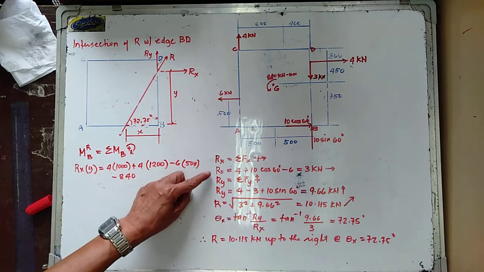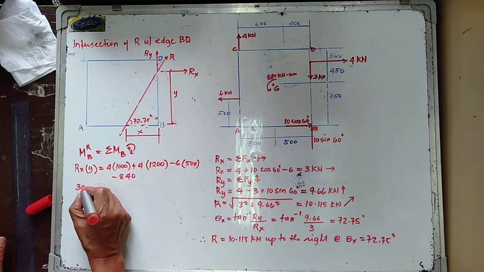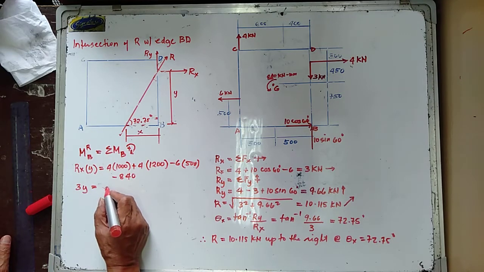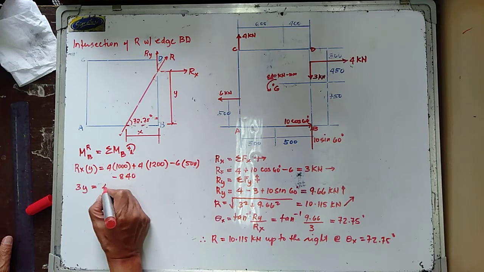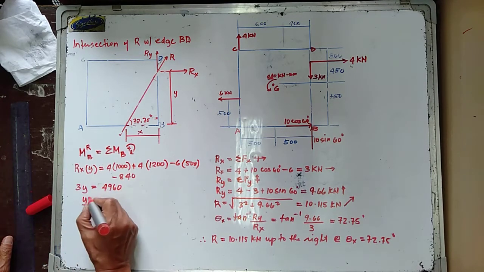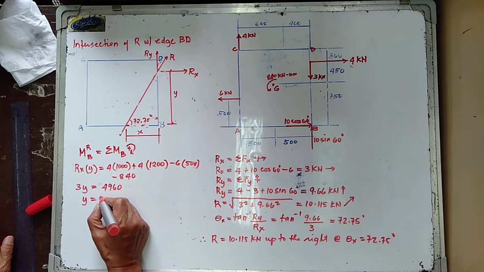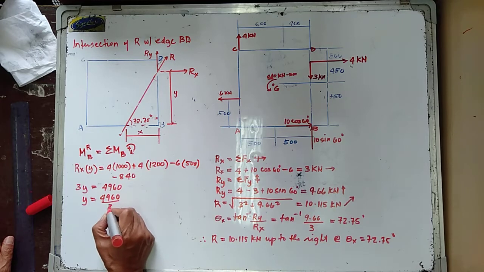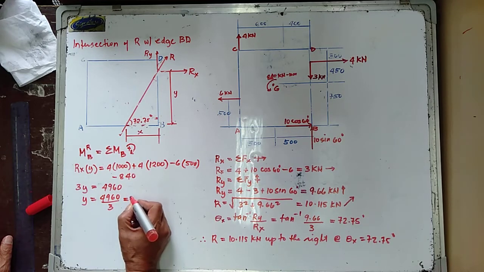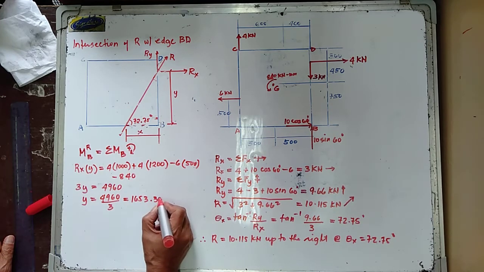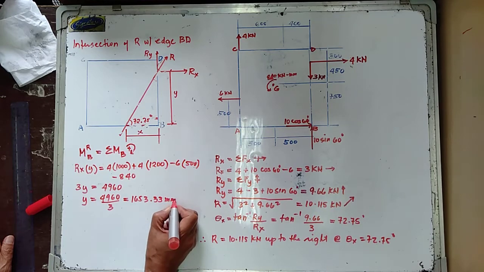The value of Rx is equal to 3. So we have 3y is now equal to 4960. Hence, the value of y is equal to 4960 all over 3, and this is equal to 1653.33 millimeter.